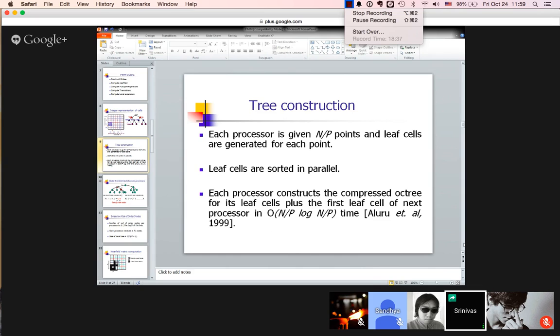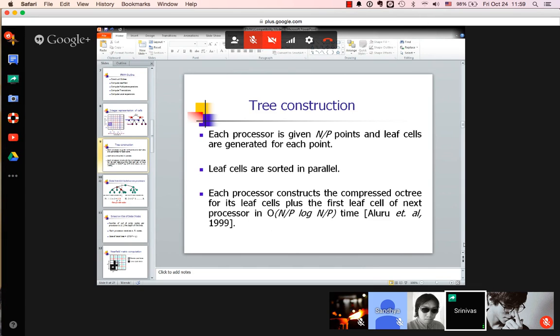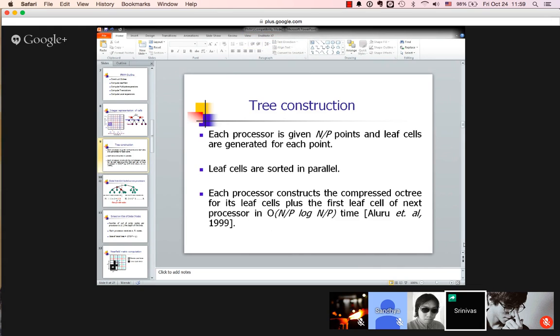You take each of the coordinates separately, divide by 2 to the L, take the floor, get the box number, the position along XYZ, turn it into bits, and then do a bit interleaving. You automatically compute the key for the leaf cell that contains the point. You can do this independently for each of the n over p.